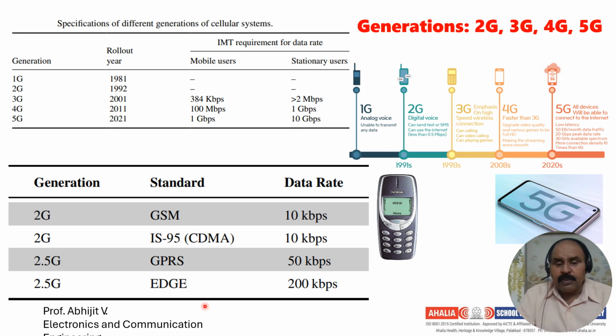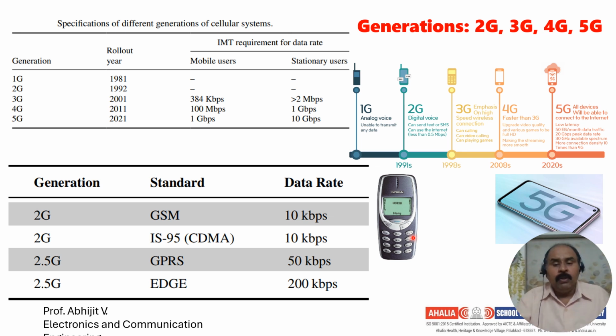This is a tabular representation of the comparison of the evolution of wireless communications from 2G to 3G, where the data rates increased to 200 kbps. These were the mobile phones used in our previous generations, where these phones had only two requirements: making phone calls and receiving text messages.